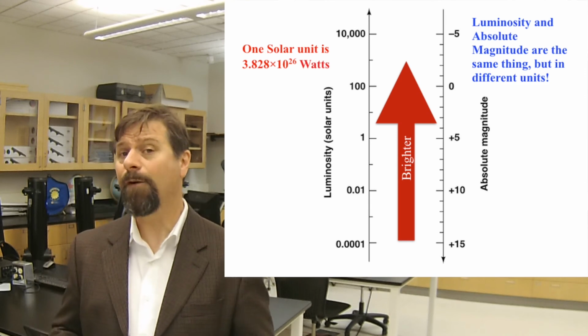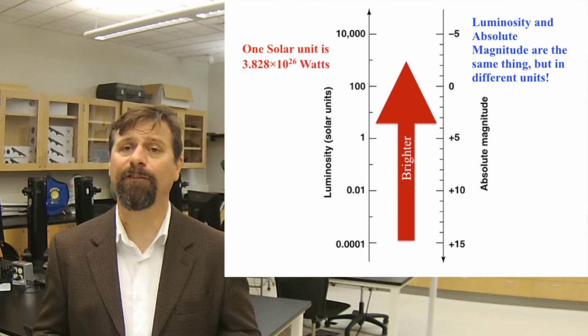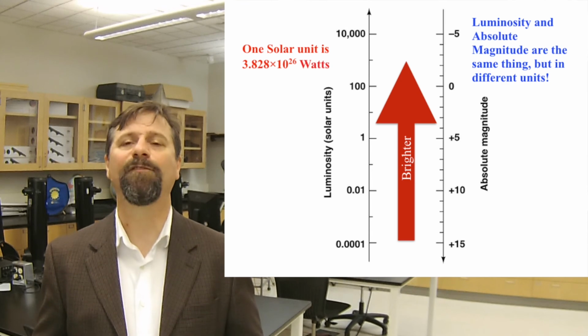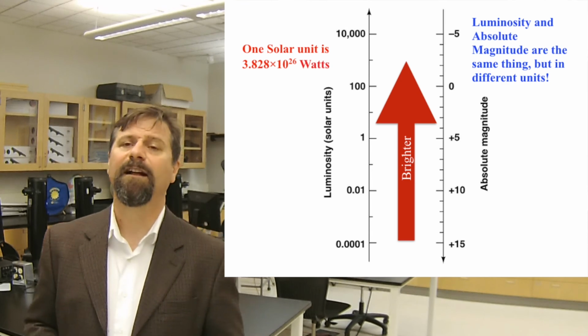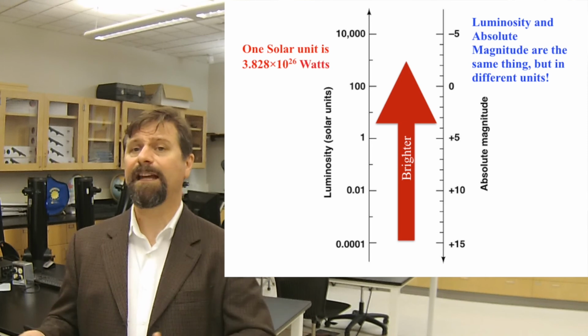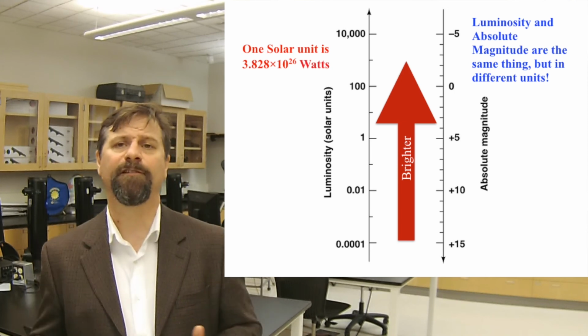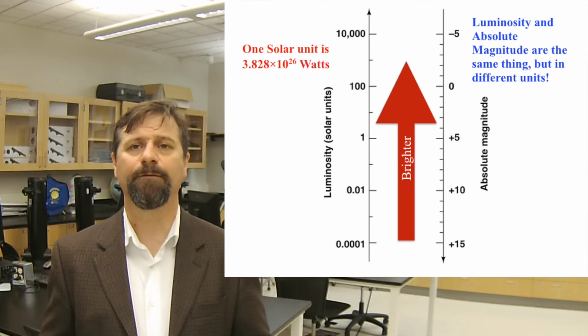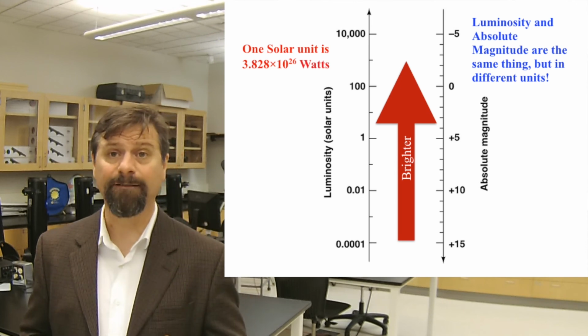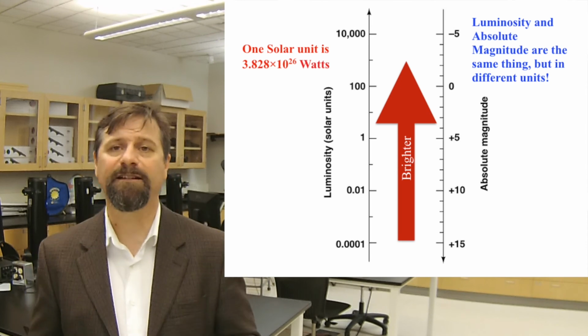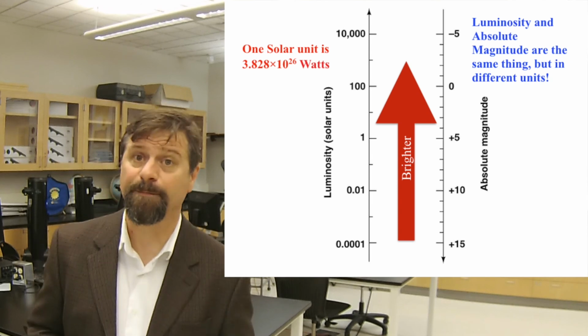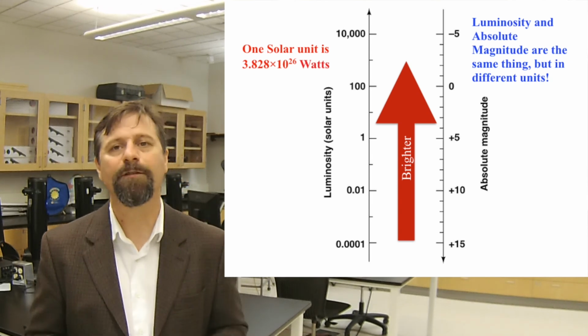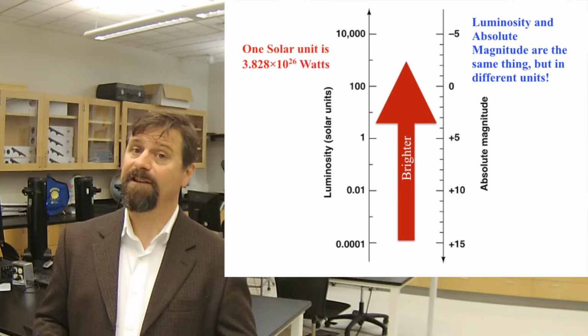And if it is 1/10,000th of a solar luminosity, then it has an absolute magnitude of plus 15. So you'll notice that whereas the magnitude system is linear, the luminosity is exponential. That's the nature of a logarithmic relationship. So that's how bright we can look at it.